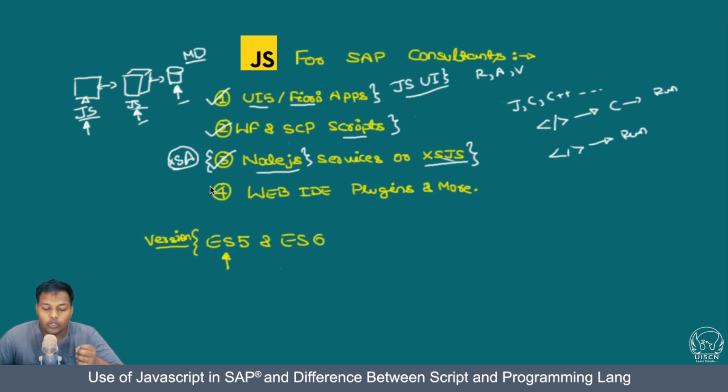And finally, we also have JavaScript based development which is not related to UI5 or Fiori UI development, with Web IDE. At the time when we are shooting this video, it is March of 2019, and we see a lot of development.